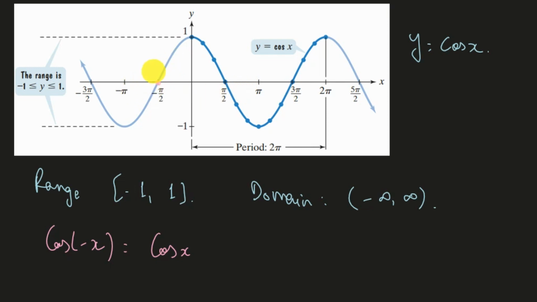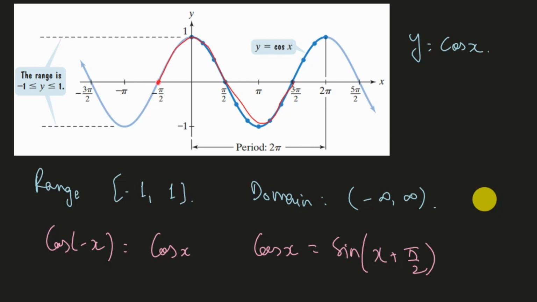If you observe this red curve, from this point up to this, the graph is exactly similar to the sine curve, but there is a phase shift of pi by 2. So what we can write here is that cosine x equals sine(x plus pi by 2). This thing we can write, right?